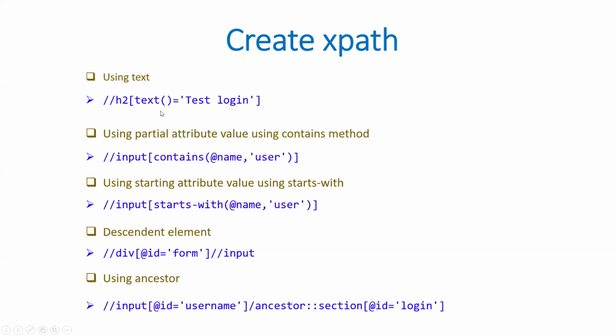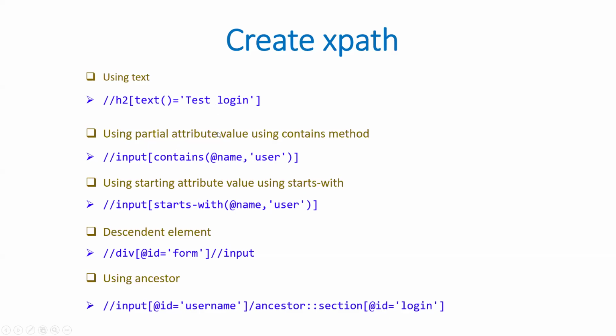If it is an attribute, it is always prefixed with @ and the name. But here, HTML text is not an attribute, so text is not prefixed with the @ symbol. Instead, we are using the text method to define the HTML text value in the XPath.